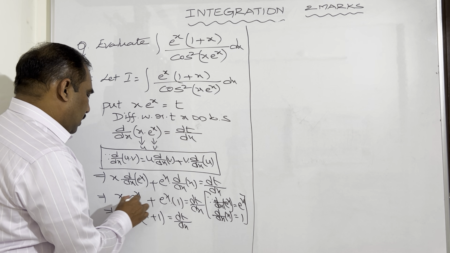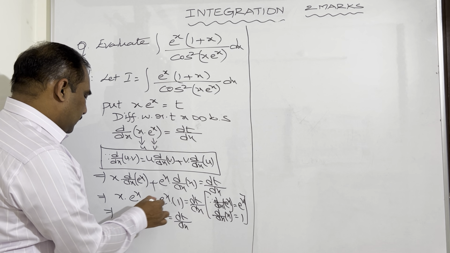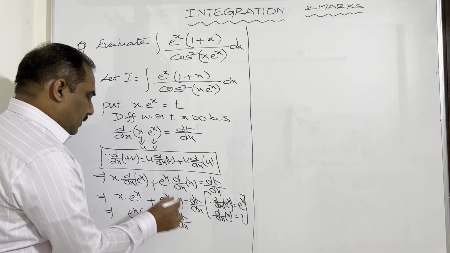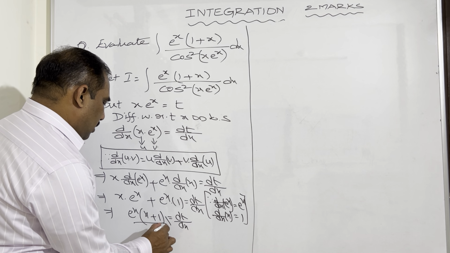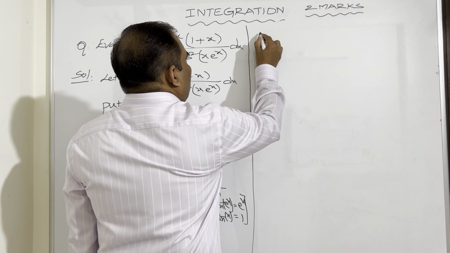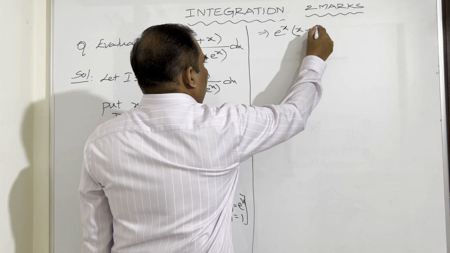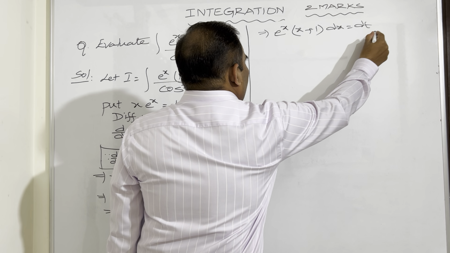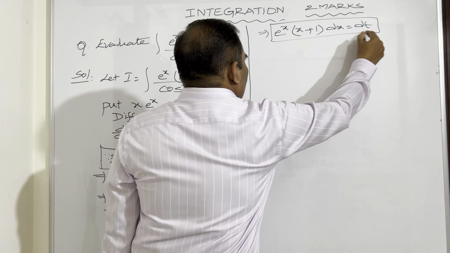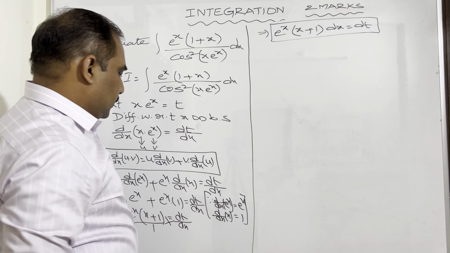So e^x into (x + 1) is equal to dt/dx. By cross multiplication we get e^x (x + 1) dx is equal to dt.